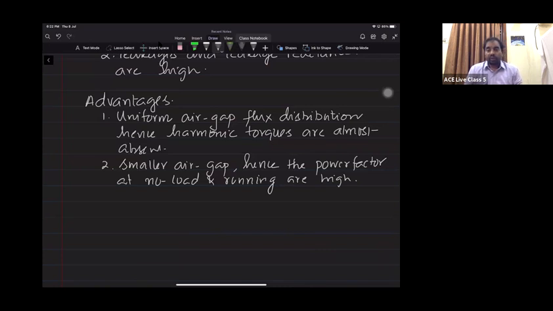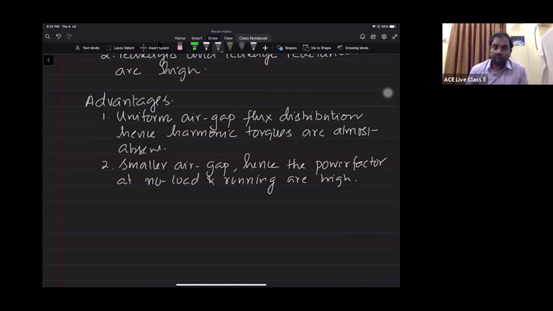So you can see here, if I mix up all these slots, we have mixed advantages and disadvantages. In the case of open slots, the winding procedure is easy, but here it is complicated. Like that, we have mixed advantages and disadvantages. So before I conclude which slots are used for an induction motor, I go for a tabular comparison.